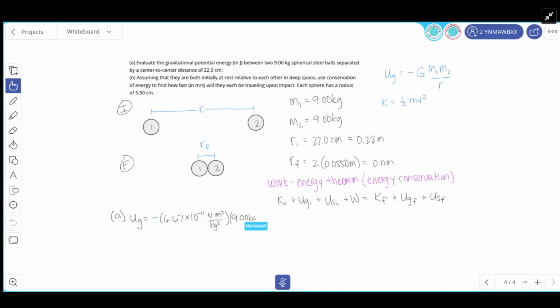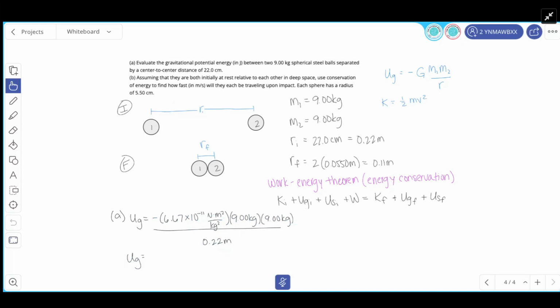We have 9 kilograms for both of those masses. And then the distance between them, we're going to just change that into meters. So that would be 0.22 meters. And we come up with our answer there.